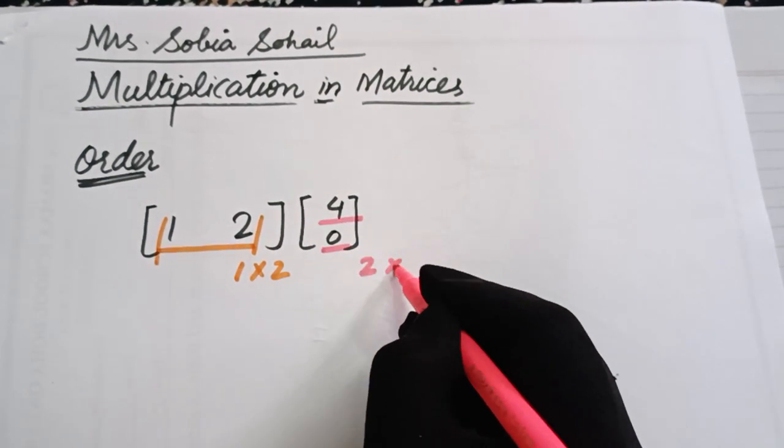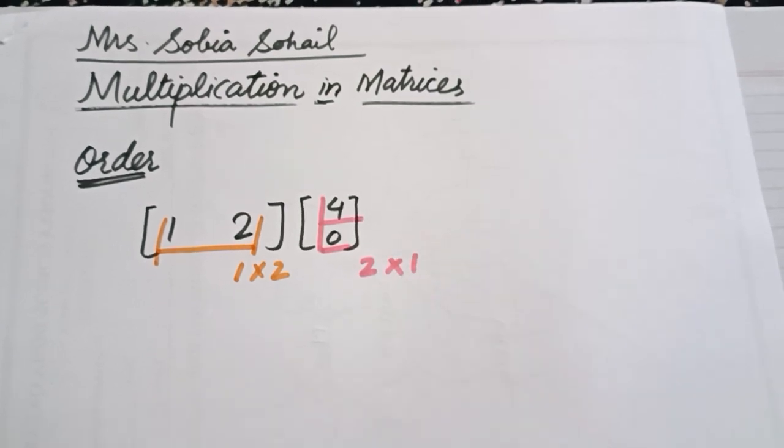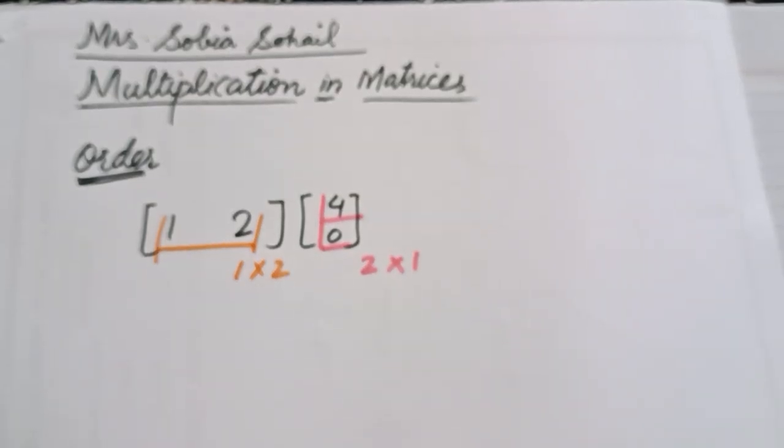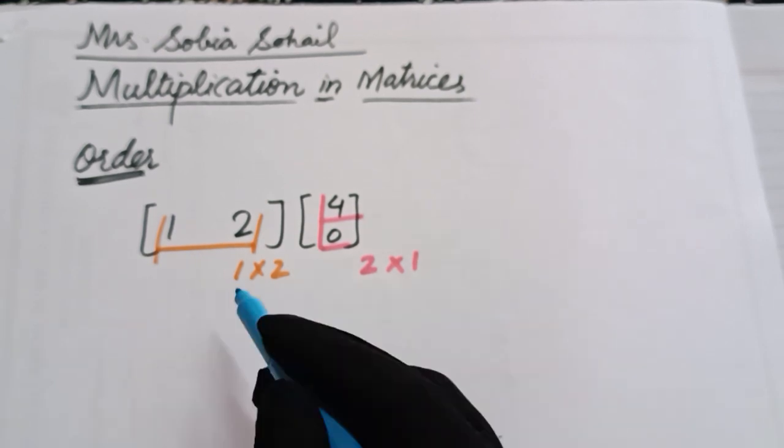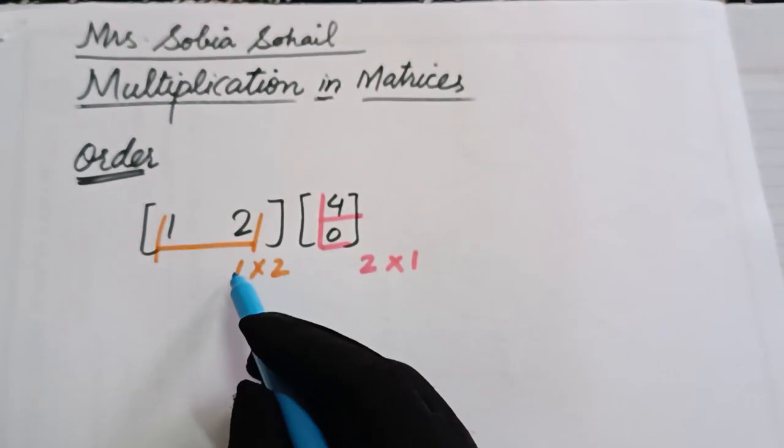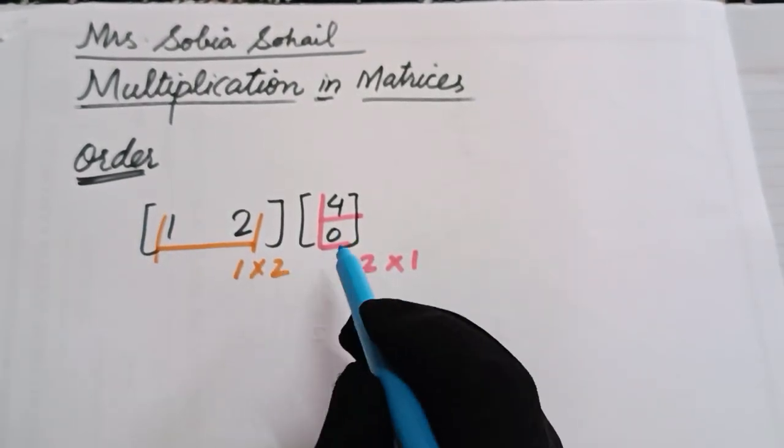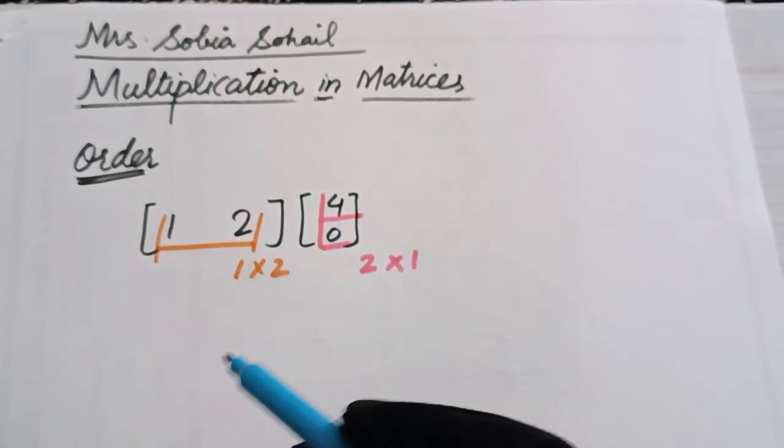Two rows, and columns are only one. So we have to check that number of rows are 1, number of columns are 2, number of rows are 2, number of columns are 1.